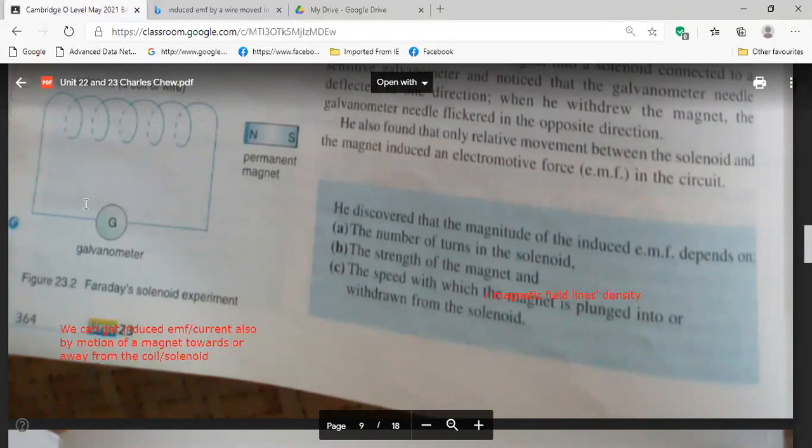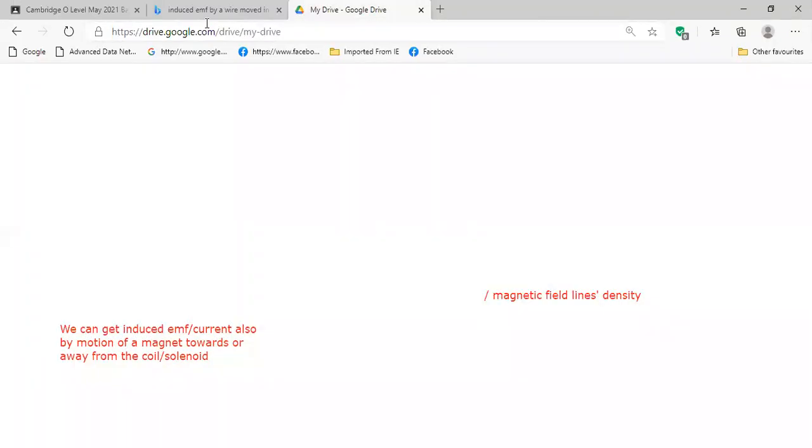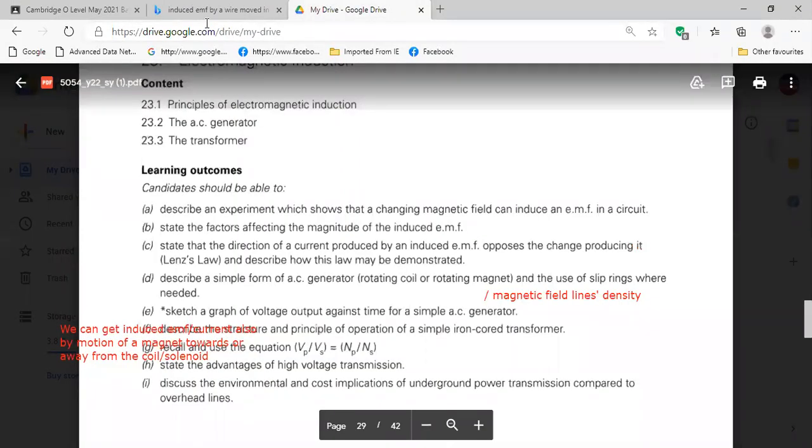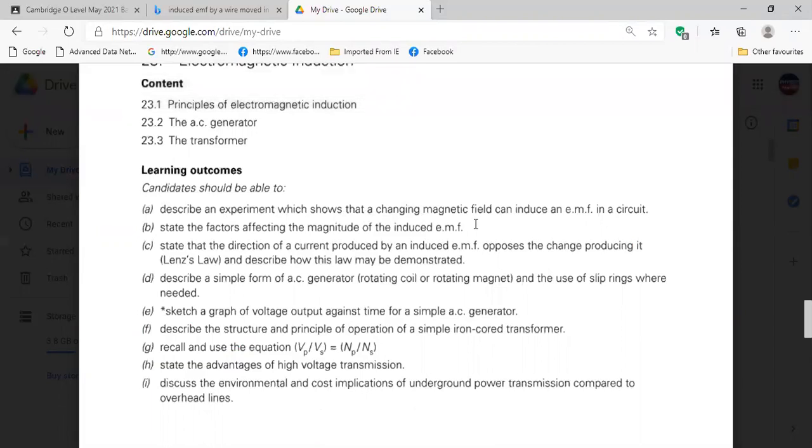So we got here how many learning outcomes. Now we check here the learning outcomes of the topic. We are going to discuss them. Look here, we had this first one: describe an experiment which shows that a changing magnetic field can induce an EMF in a circuit.